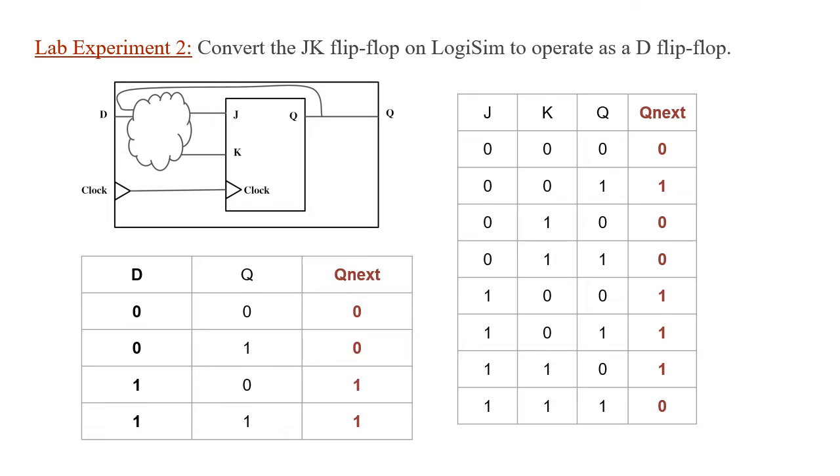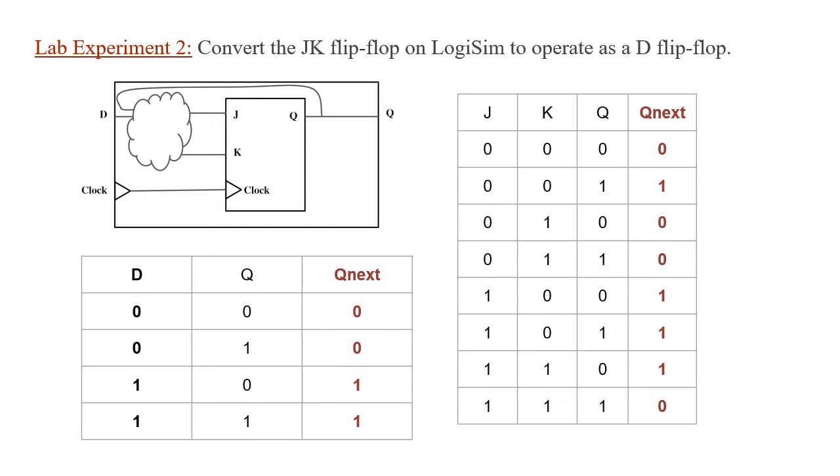In Experiment 2 of this lab, we're required to convert the JK flip-flop in Logisim so that it operates as a D flip-flop. That means we have the JK flip-flop circuit here, and our goal is to create some small circuit and attach it to the JK flip-flop so that it works as a D flip-flop as a whole.